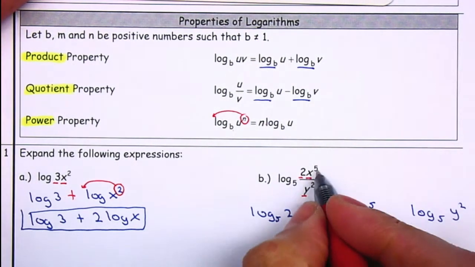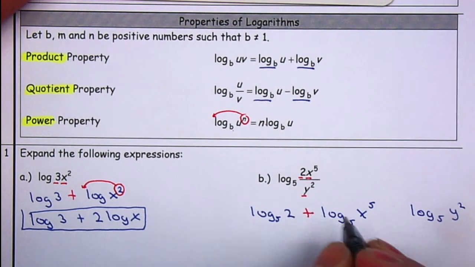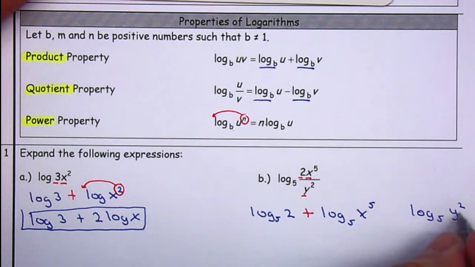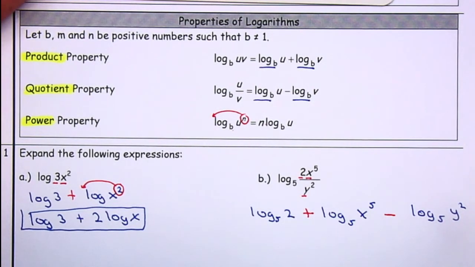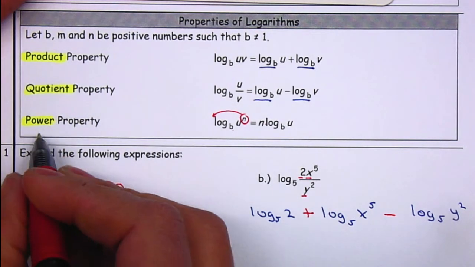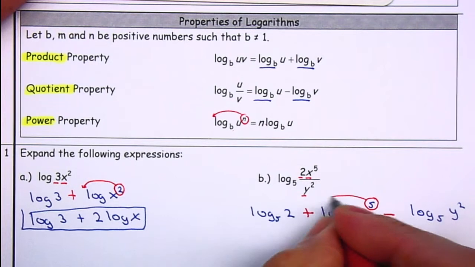Now, the 2 and the x to the fifth are multiplying, so there'll be a plus in between. The y squared is dividing, so there'll be a minus in between. Now I'm going to use the power property to bring the exponents as coefficients.